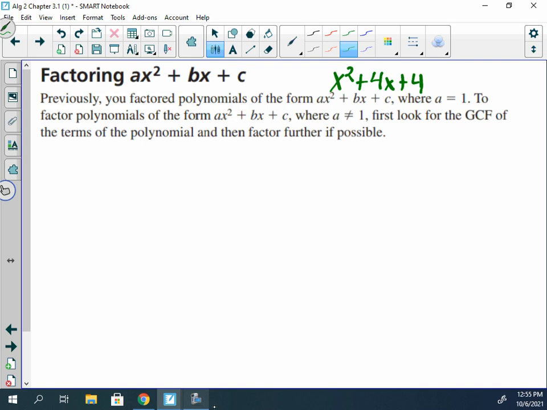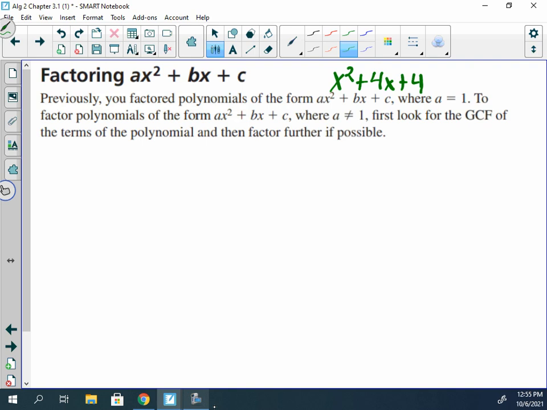Now what we're going to be looking at is polynomials that have an a number in front of x squared that's not 1. Out of all the different ways that there are, the way I'm going to show you is the way that I see works best. It's very systematic, and I think it's the easiest way with the least amount of steps. There are other methods that do work, and if you like those methods, you can use those.